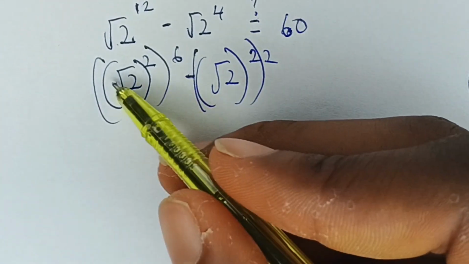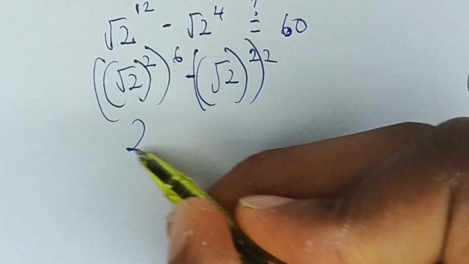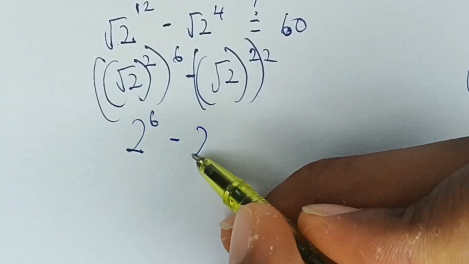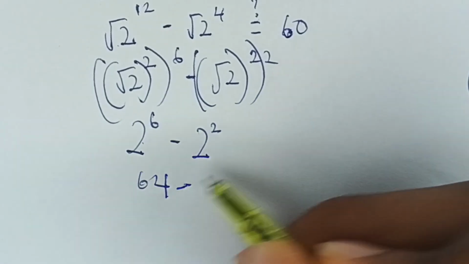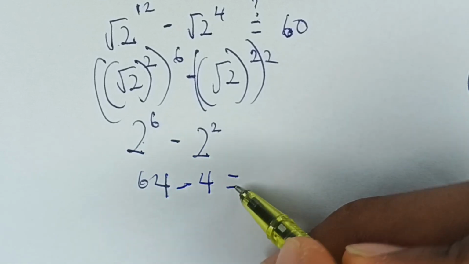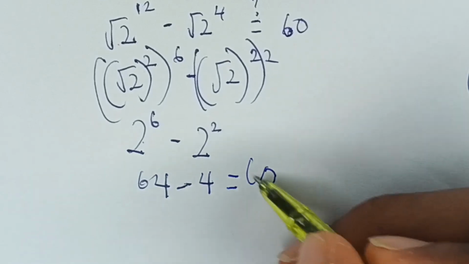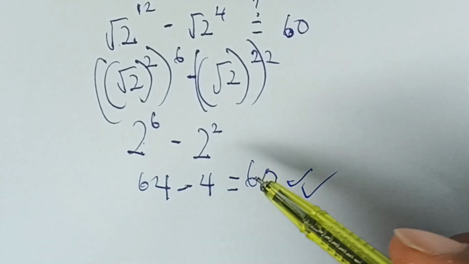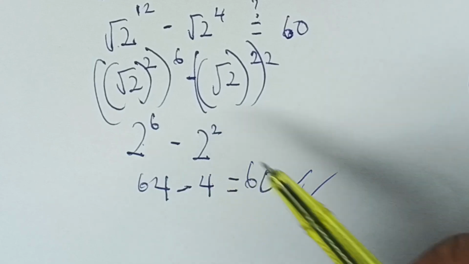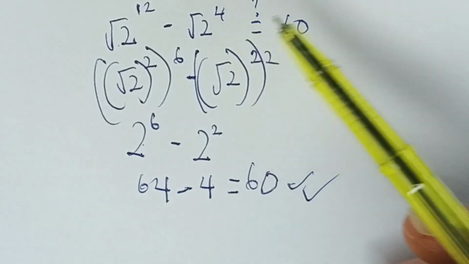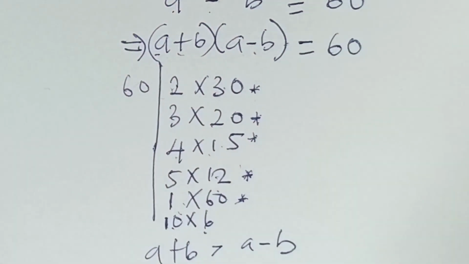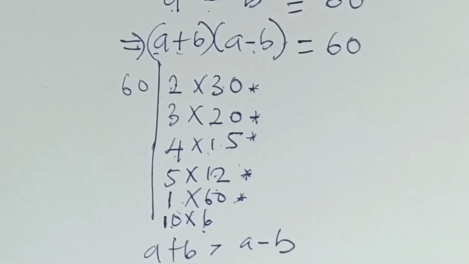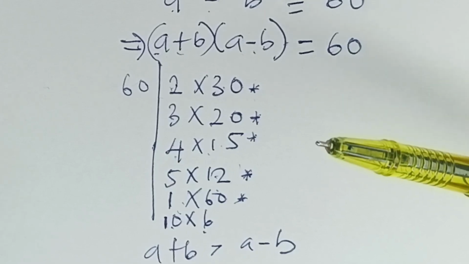Now root of 2 squared is 2, so we have 2 raised to power 6 minus 2 squared. 2 raised to power 6 is 64, minus 2 squared, which is 4, and this is equal to 60. Okay, so it means that our answer is the correct answer, but recall that this is not the only answer for this, as you can apply these other multiples and get other answers for this question.